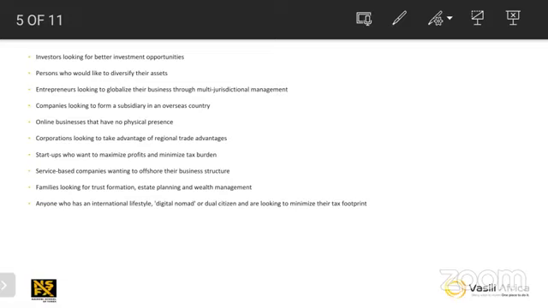Okay. Now, who is offshore investing for? The term offshore itself might seem like a very fancy, complicated term, but generally, anyone looking to diversify their investments, any business, any company, any entrepreneur, any startup, even just a family looking to expand their wealth can invest offshore.